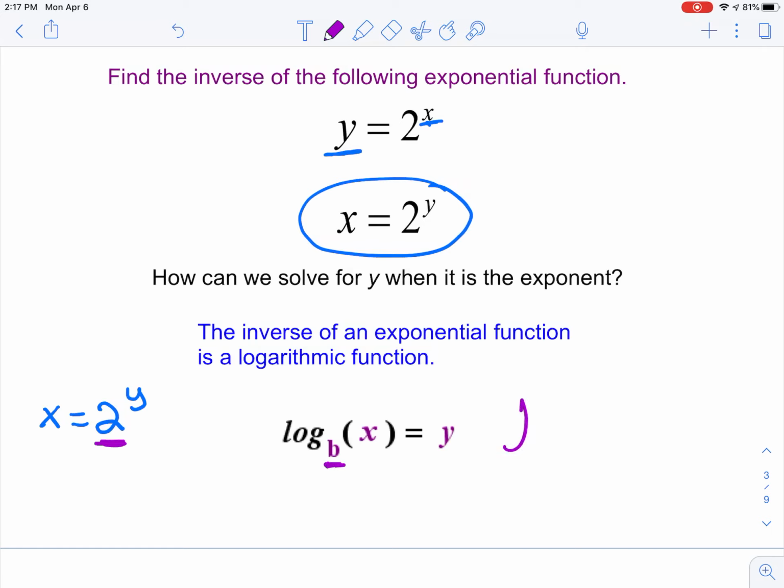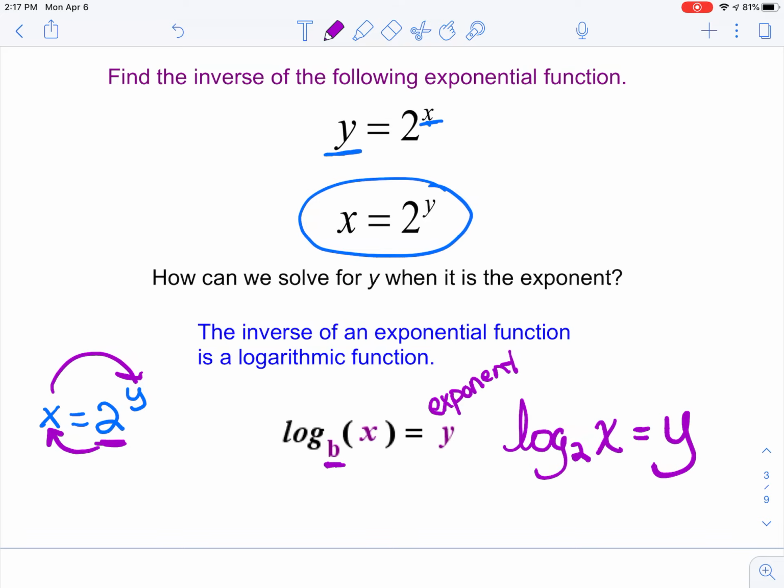So it's going to be log base 2 of, what does it equal? x, to equal your exponent. This is always the exponent. Okay, so let's look at it a little bit better.